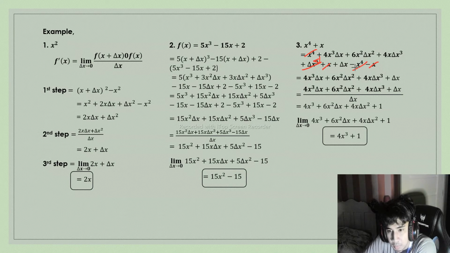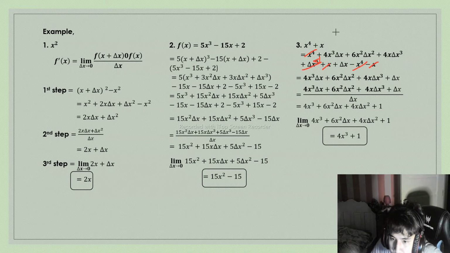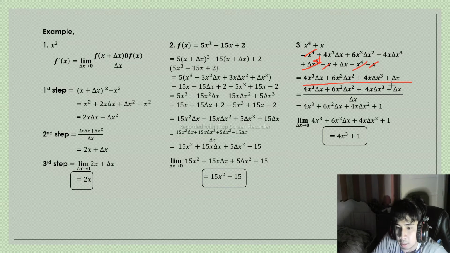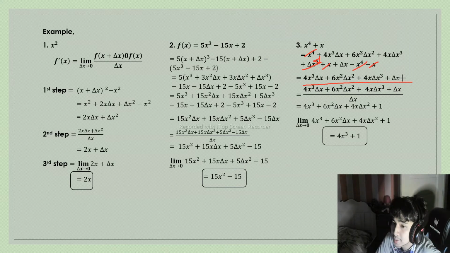Tatanggalin ba natin? I'm quite sure. Tanggalin natin. Then, that will leave us to this. 4x cubed delta x plus 6x squared delta x squared plus 4x delta x cubed plus delta x.